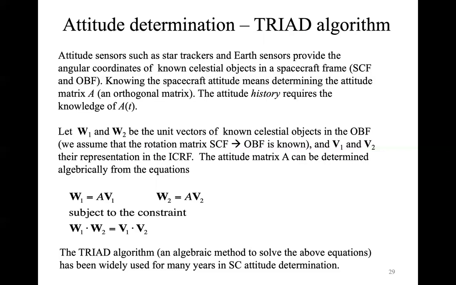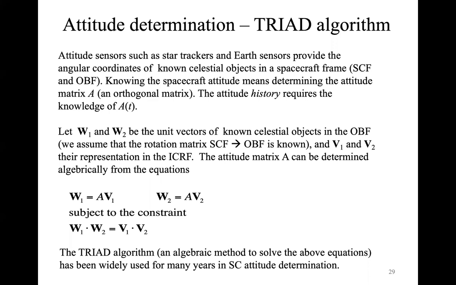It was developed in 1964, and the only requirement that this method has is to have the measurement of the position of an object with respect to the body frame.